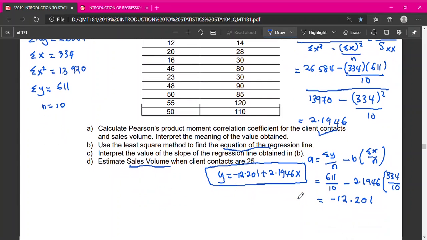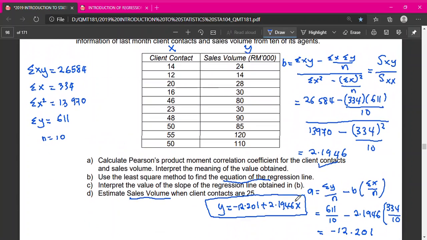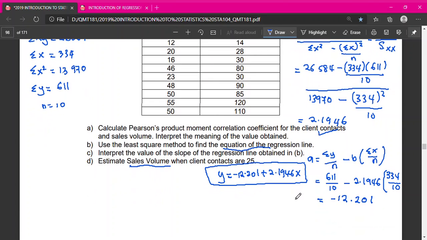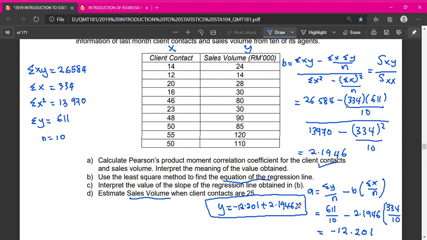So kita interpret the value of B. B adalah slope. So apa yang kita boleh interpret kat sini, we can say that for each additional unit increase in the client contact, ataupun when client contact increase by 1%, when X increase by 1 unit, so maksudnya when client contact increase by 1%.